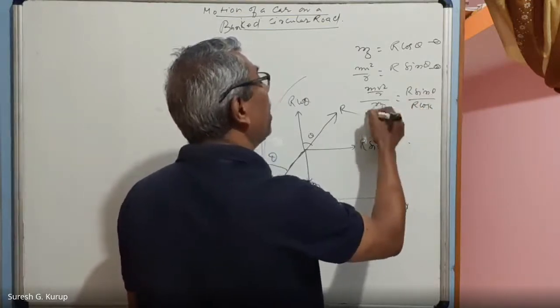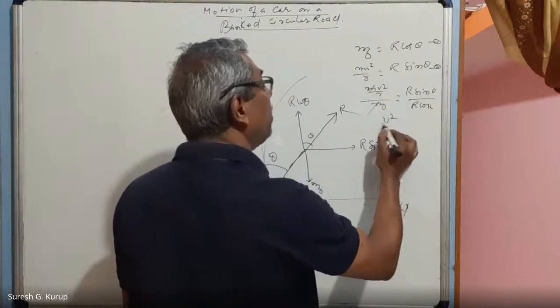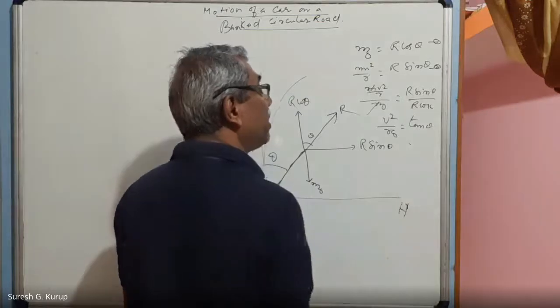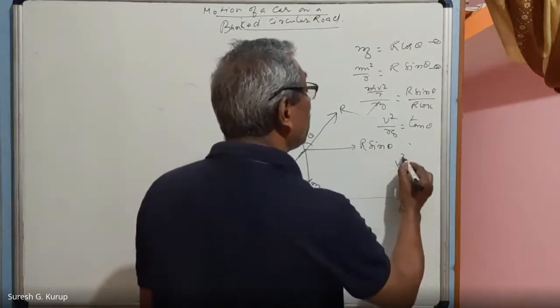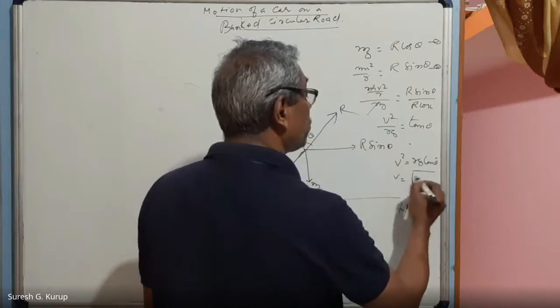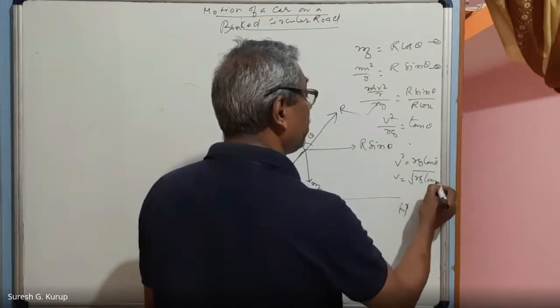M and M cancel. We get v square divided by rg is equal to tan theta. Or v square is equal to rg tan theta, or v is equal to square root of rg tan theta.